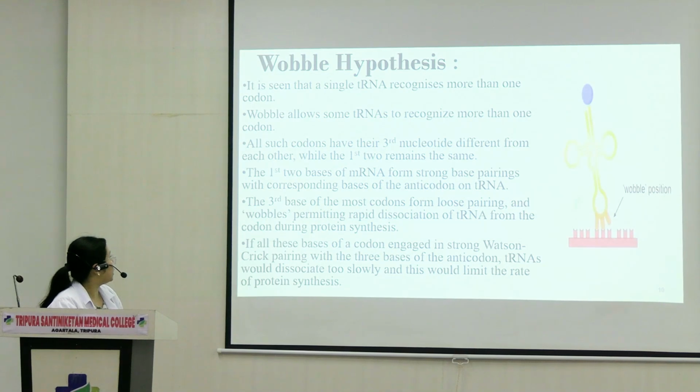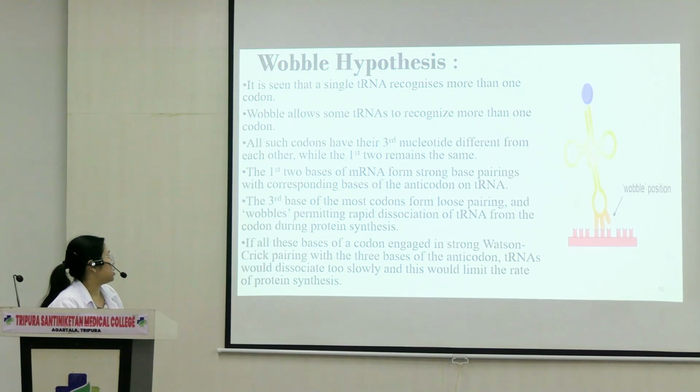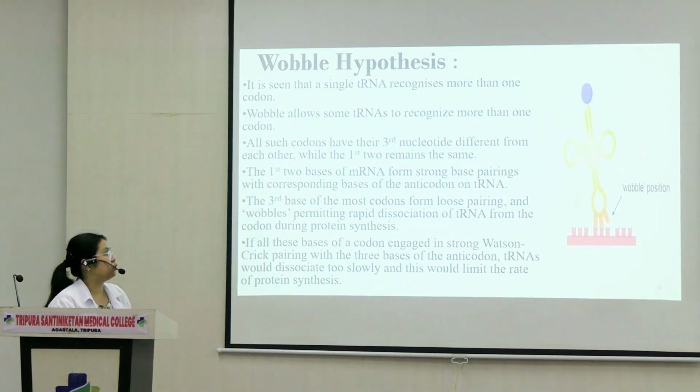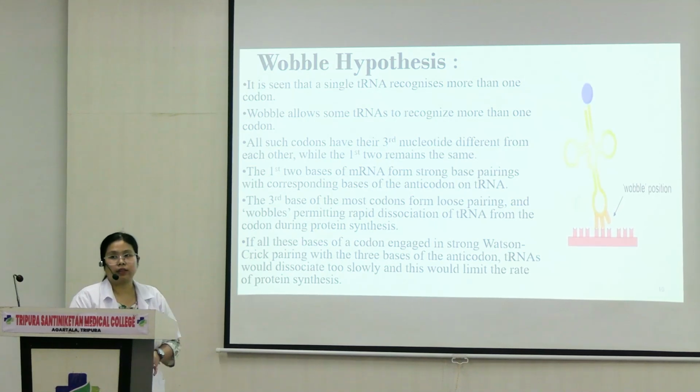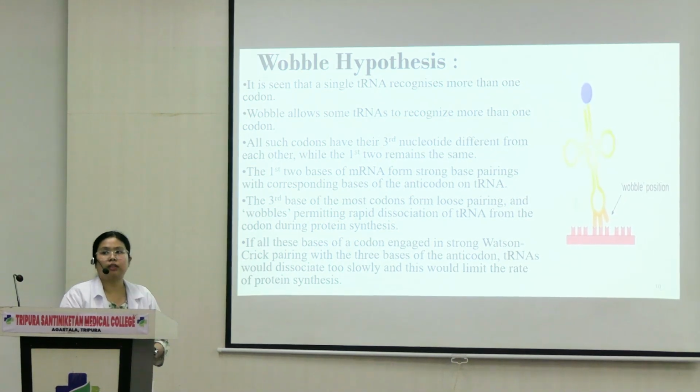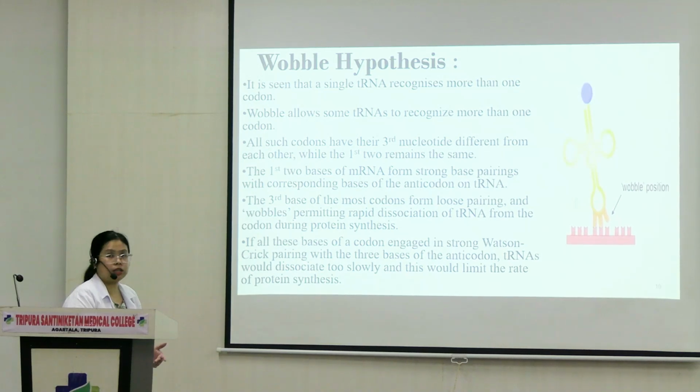If all three had strong base pairing with the tRNA, then the tRNA would dissociate slowly, and this would limit protein synthesis. Because this is loose, protein synthesis happens fast, and it helps the tRNA to recognize more than one codon.